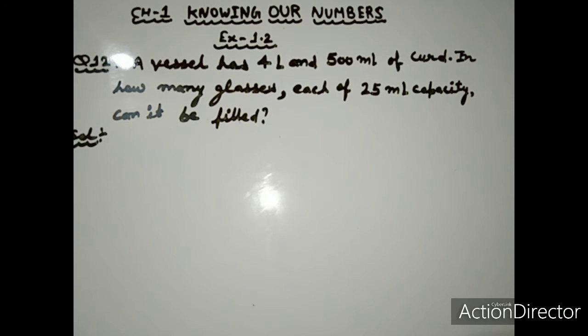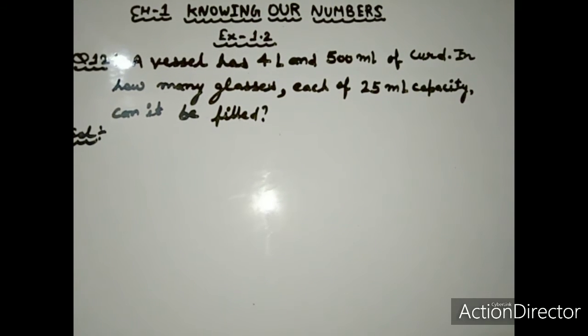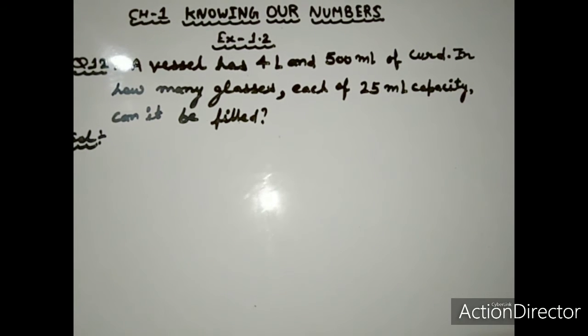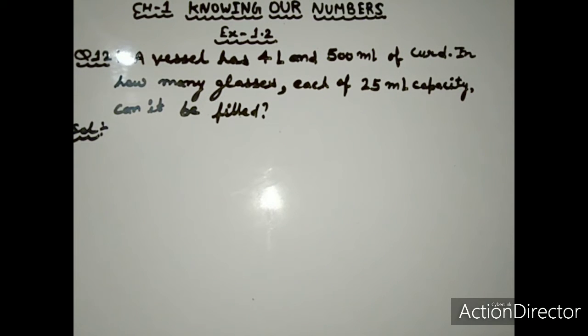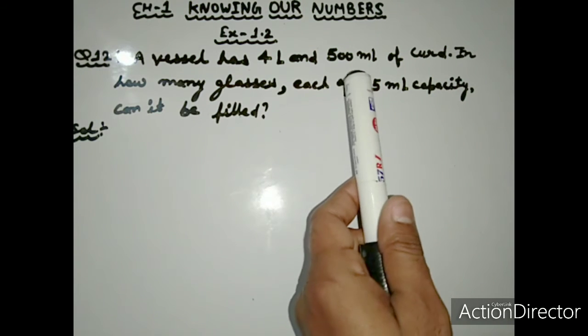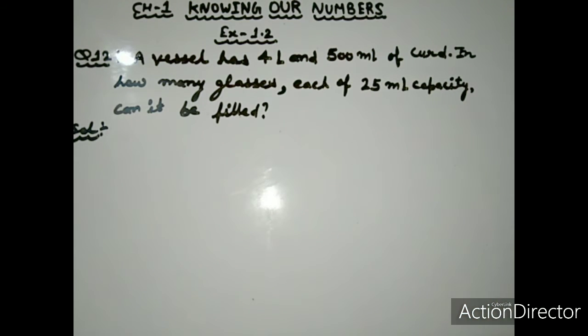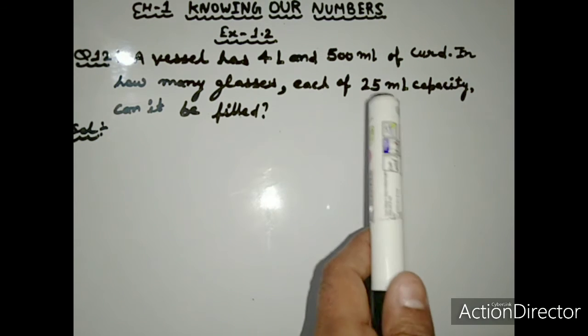Now, students, here we again read this question. A vessel has 4 liter and 500 milliliter of curd. So here the capacity of curd in a vessel is equal to 4 liter 500 milliliter.